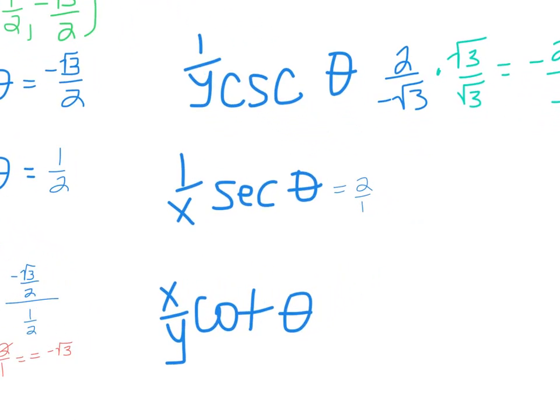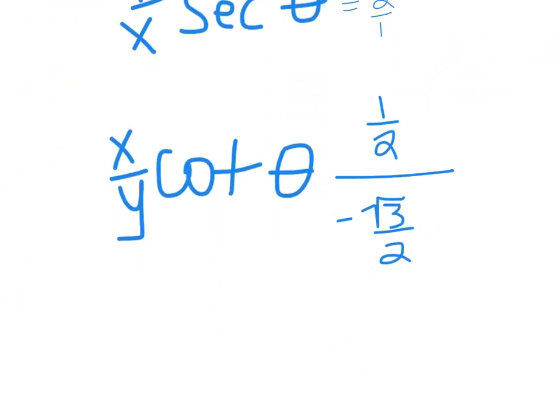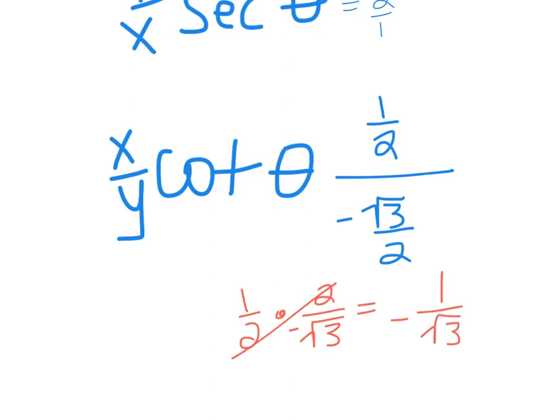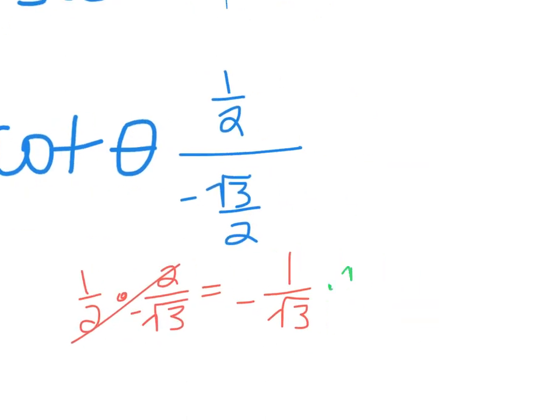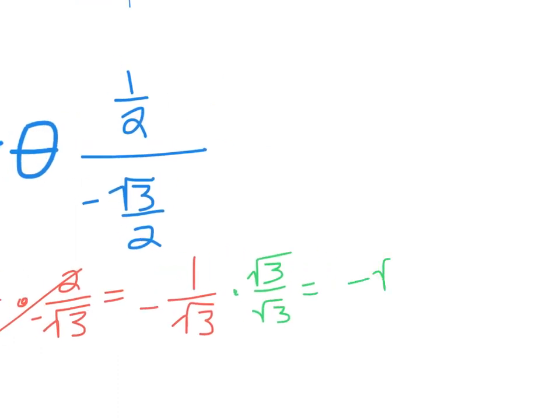I'm going to write 1/2 divided by negative root 3 over 2. So again, guys, we're just going to keep, change, and flip. So if you notice, the 2's will cancel out. I have 1 over negative root 3. Cannot have a root in the denominator, so rationalize. And we end up with negative root 3 over 3.